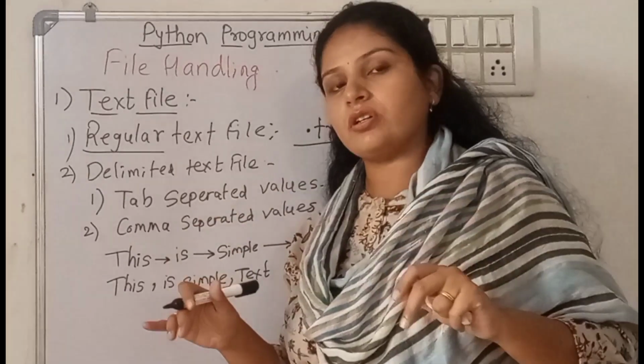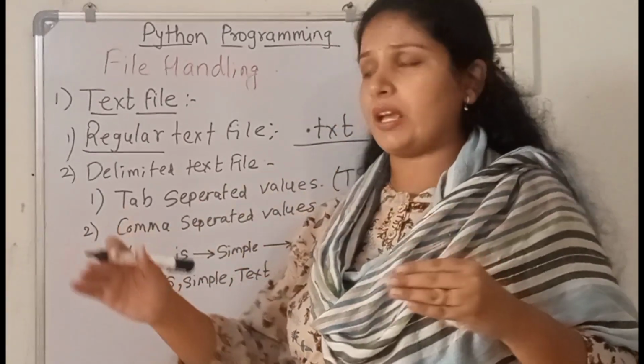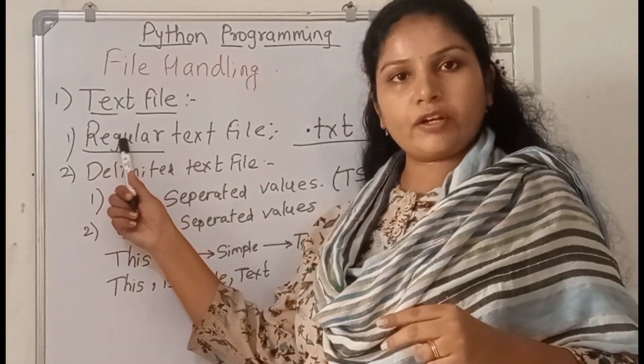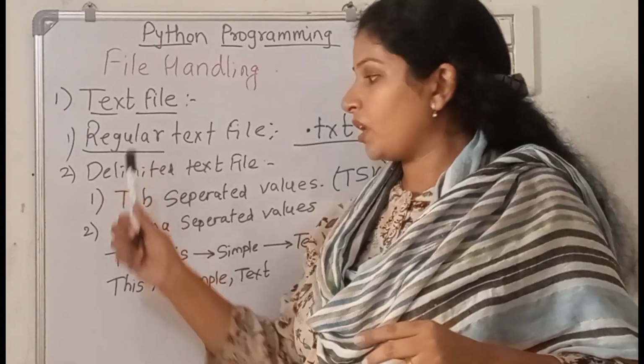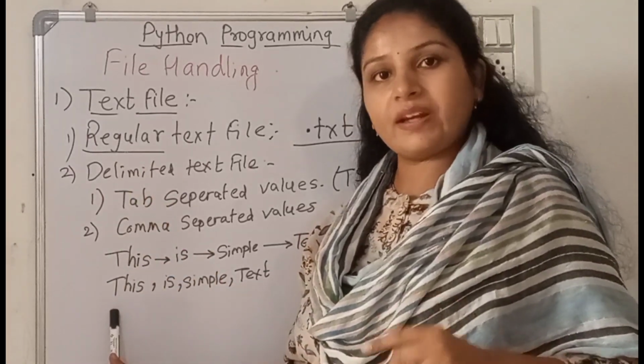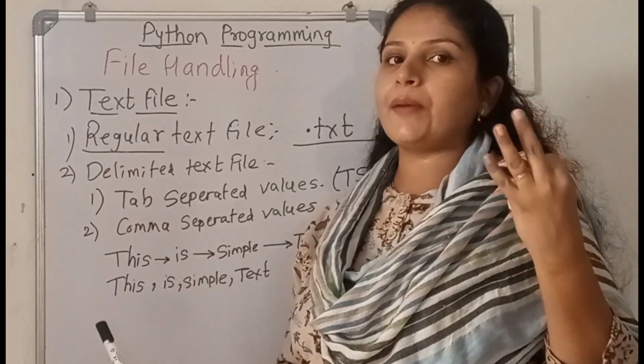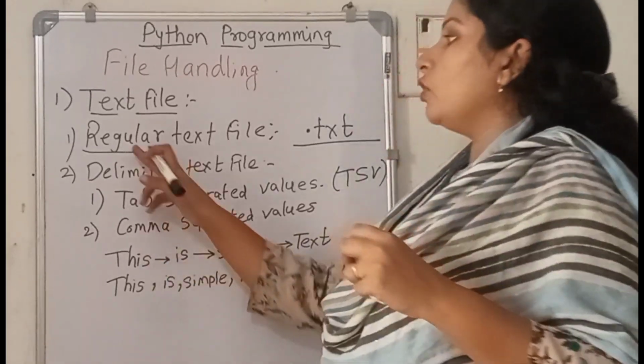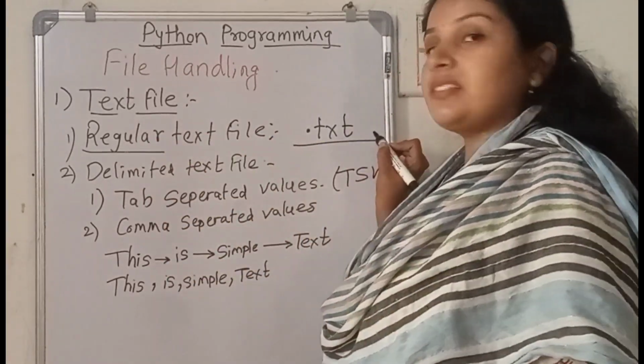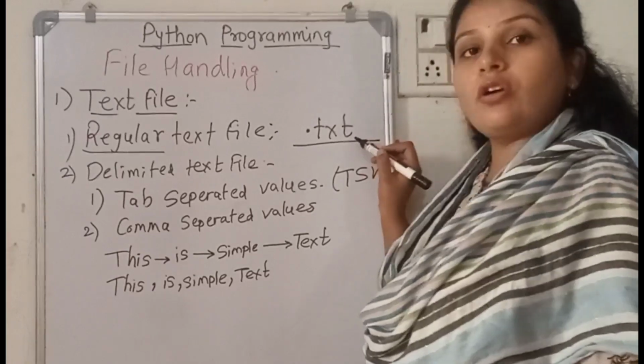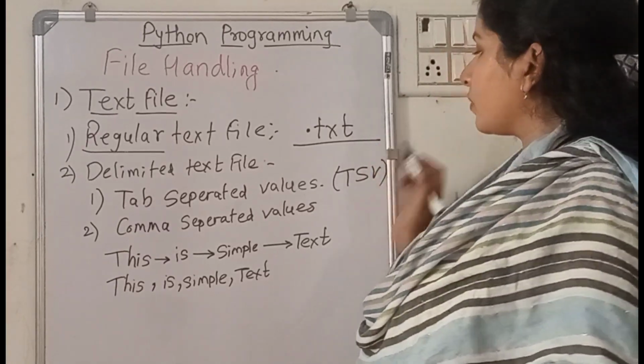Now in this session, we are going to learn the regular text file, comma separated text file and binary file, 3 types of file in Python. Now regular text file is saved with the .txt extension.